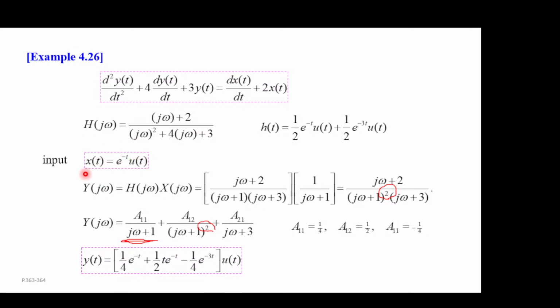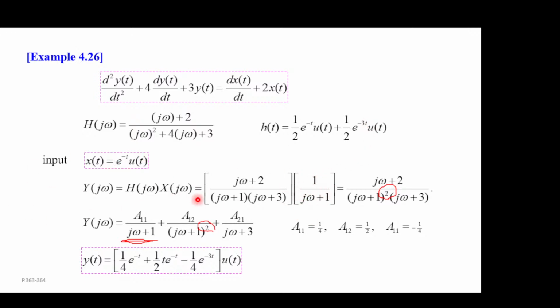Exponential decay. We pick this kind of input because it's not too weird, and the second is easy to calculate. If we already have this exponential decay and go to the frequency domain, it gives you a rational polynomial.